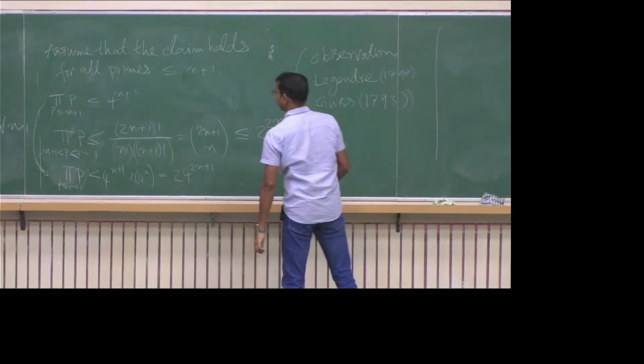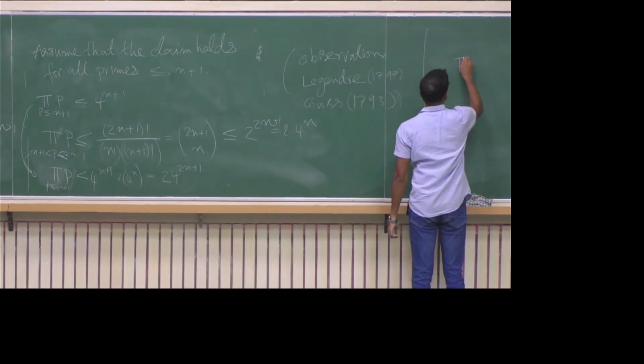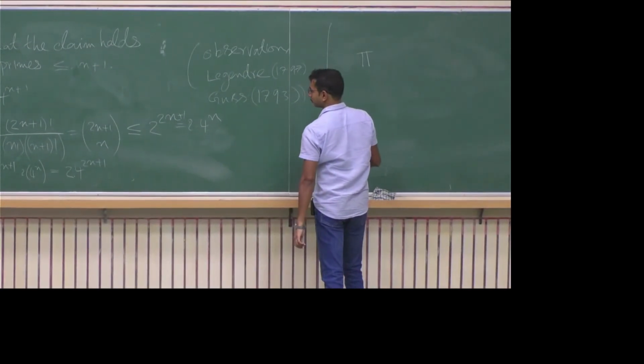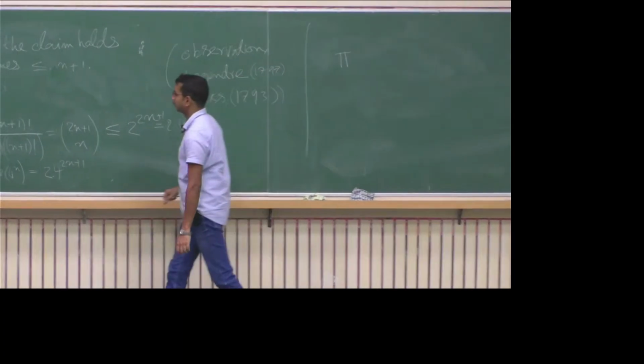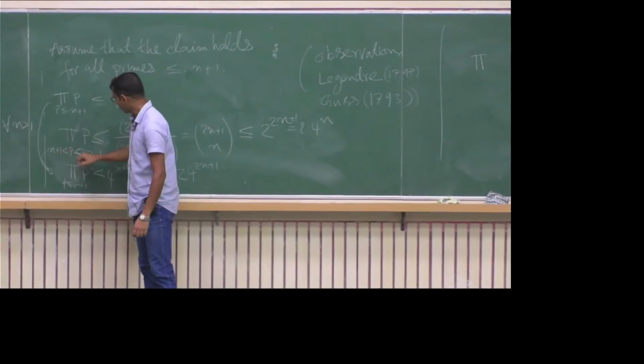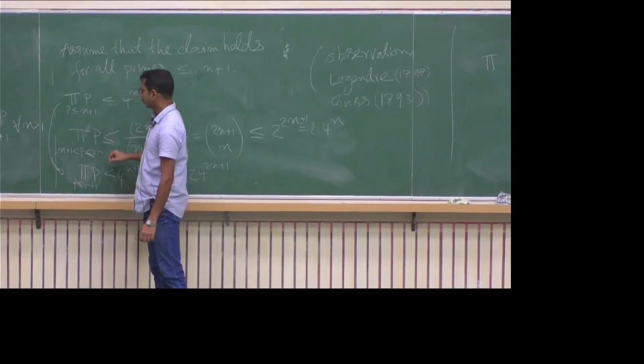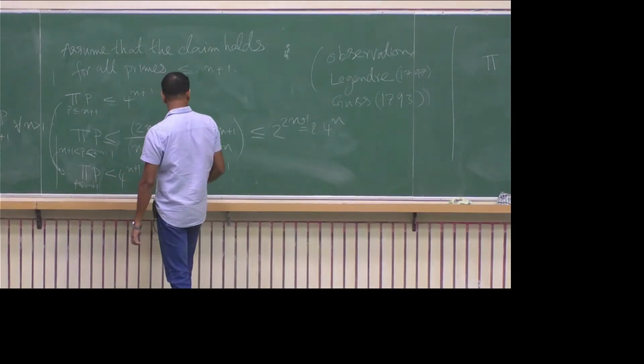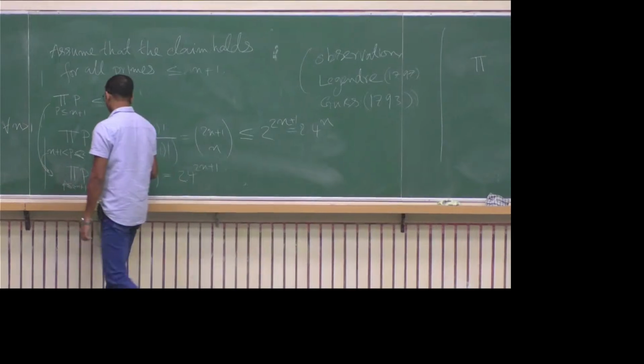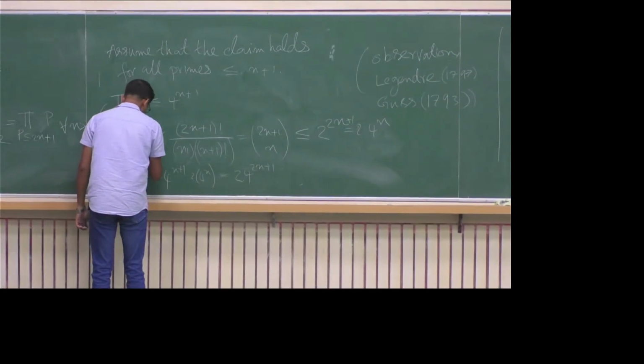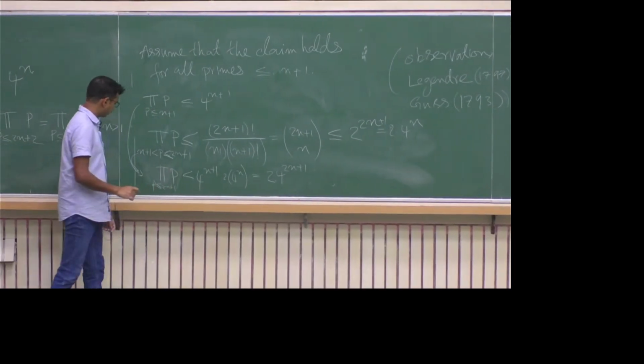So we are again considering the primes from n plus 1, we should go up to 12. Now there is no problem in going up to n plus 1, right?